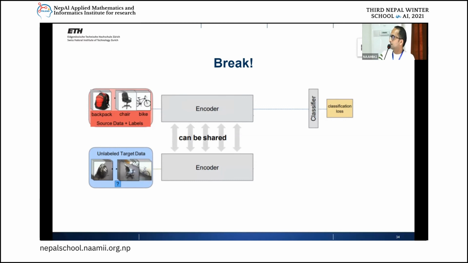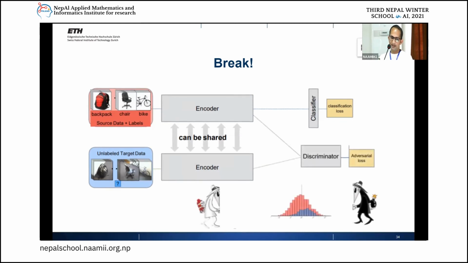If you pass those images through the encoder and you get the features, and pass them to the same classifier, the performance is going to be bad because of the gap in distribution. What you can instead do, since you don't have the labels on the target data, is put a discriminator, and now the encoder will offer you one set of features for the source data, another set of features for the target data, right?